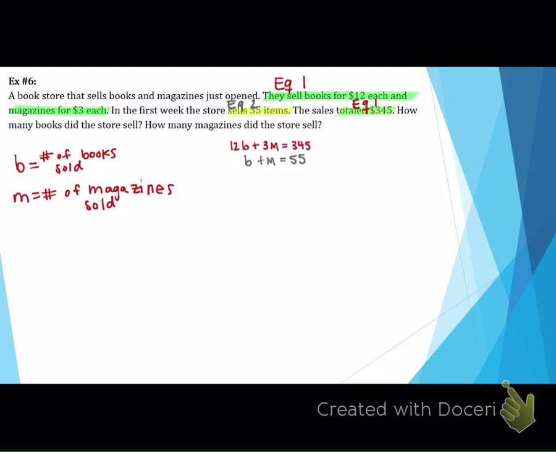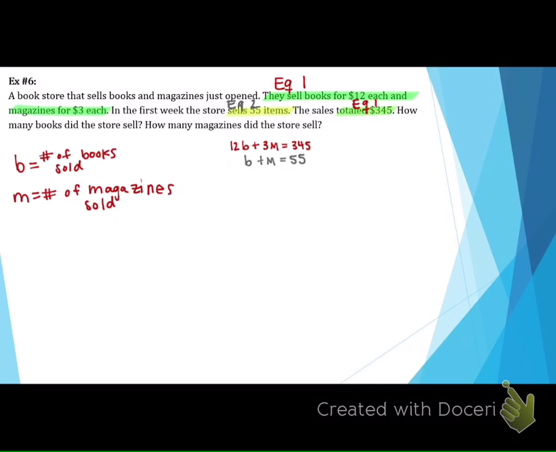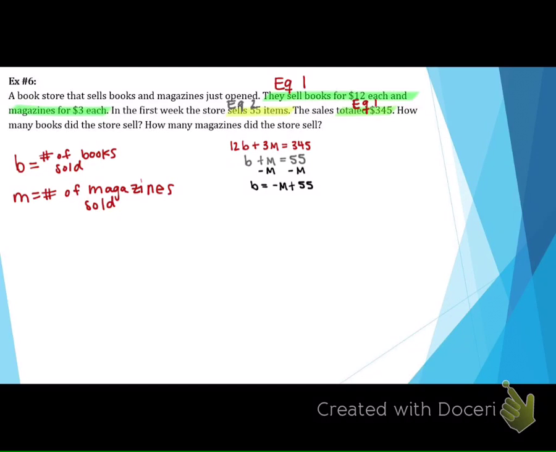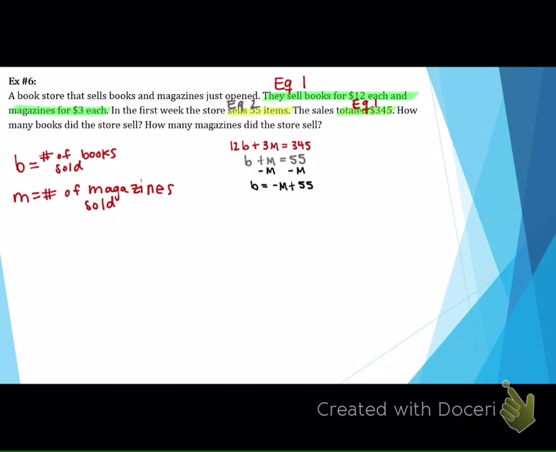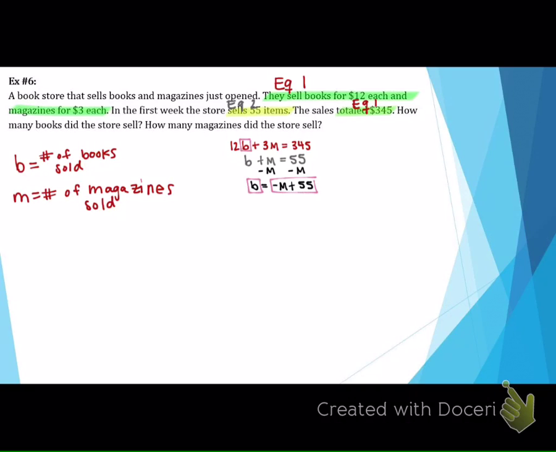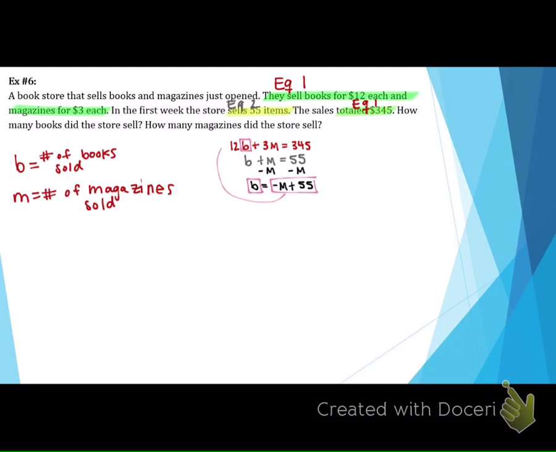So the first step we have to do here is isolate a variable. I'm going to isolate the B, so I'm going to subtract M. So we know B is the same thing as negative M plus 55, and there's a B up here that we can replace with that.